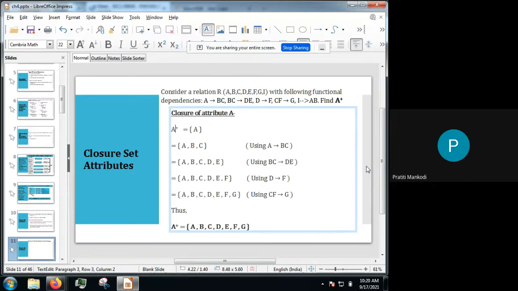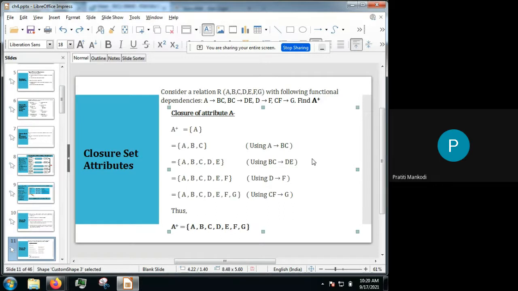If you are finding the closure of say D, you will not get all the attributes, right? So it depends on for whom you are finding the closure. Let me remove the unnecessary things. Is it clear? Okay. Now try by online student.